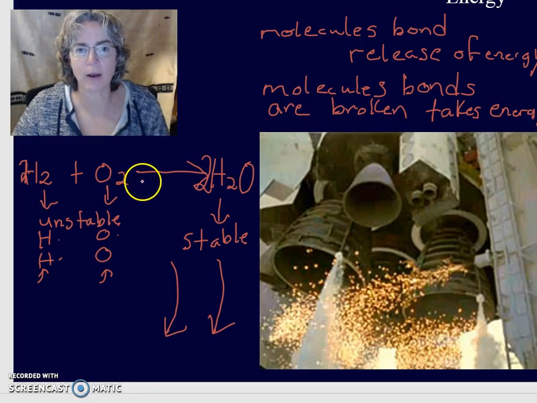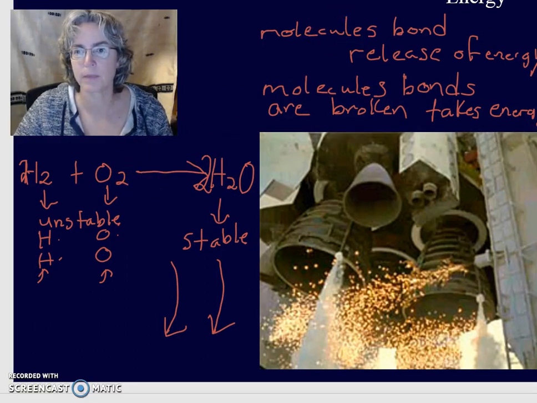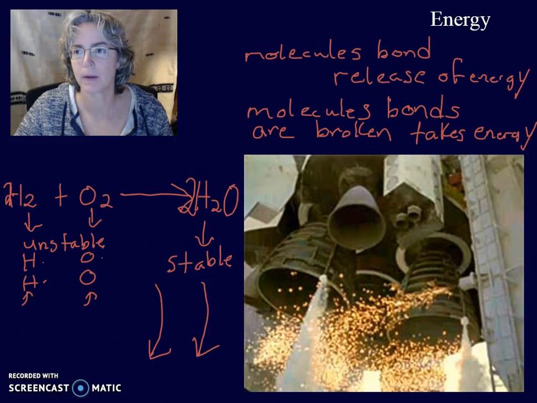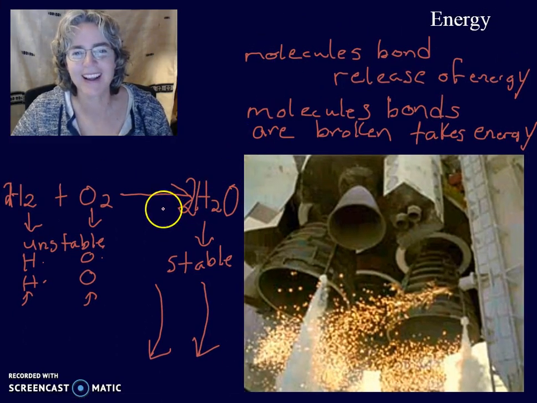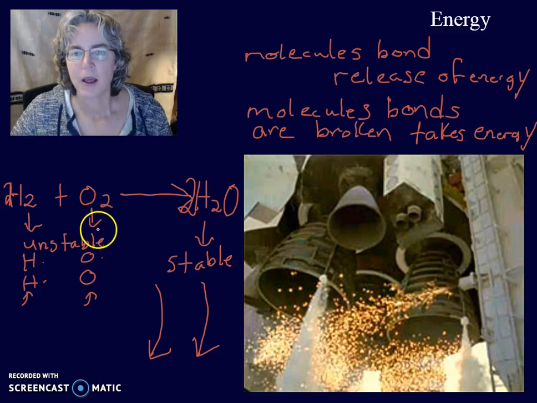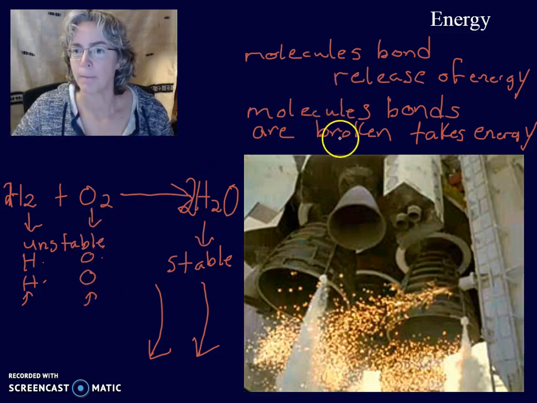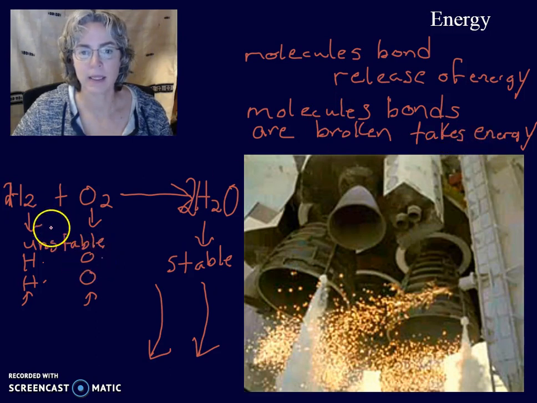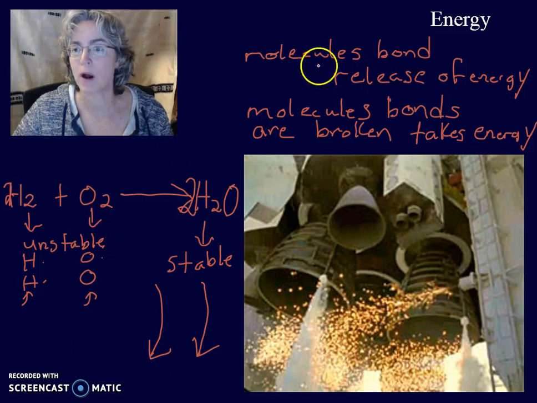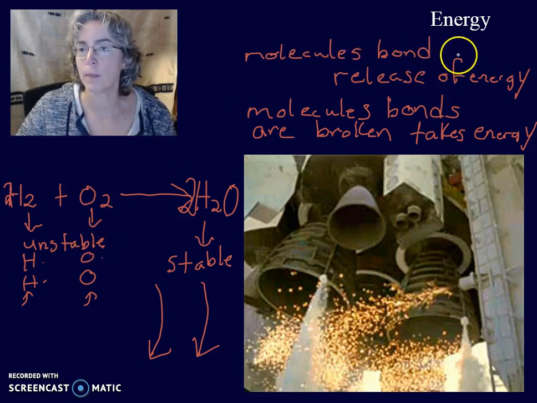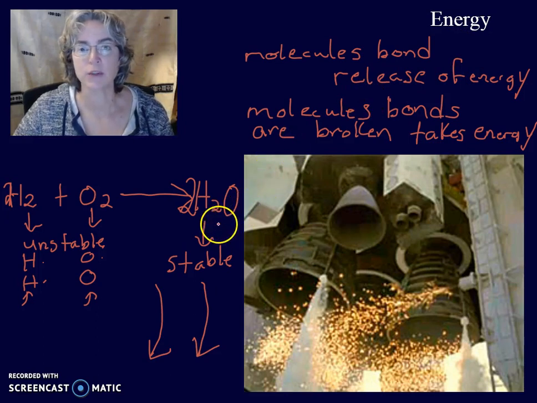Okay, so let's go back over here. So it takes a little bit of energy to break these bonds right here, because it takes energy to break bonds. But then when these bonds form, energy is released.